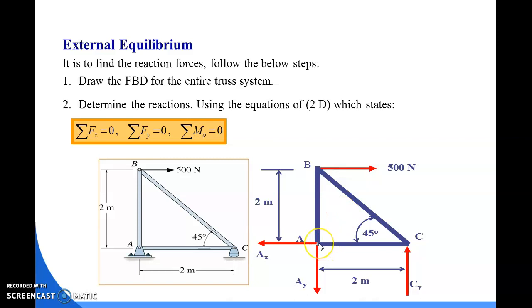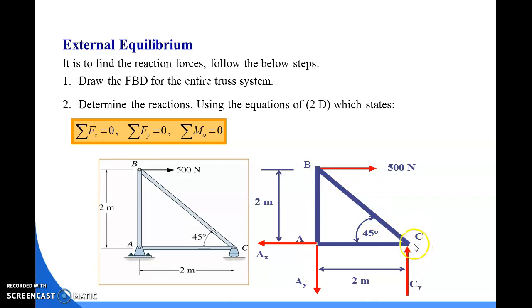We know that in case of hinge support, there are two reactions, and in case of roller support, there is one vertical reaction. So we can provide at joint A two kinds of reaction, one vertical, which is downward, and another horizontal.